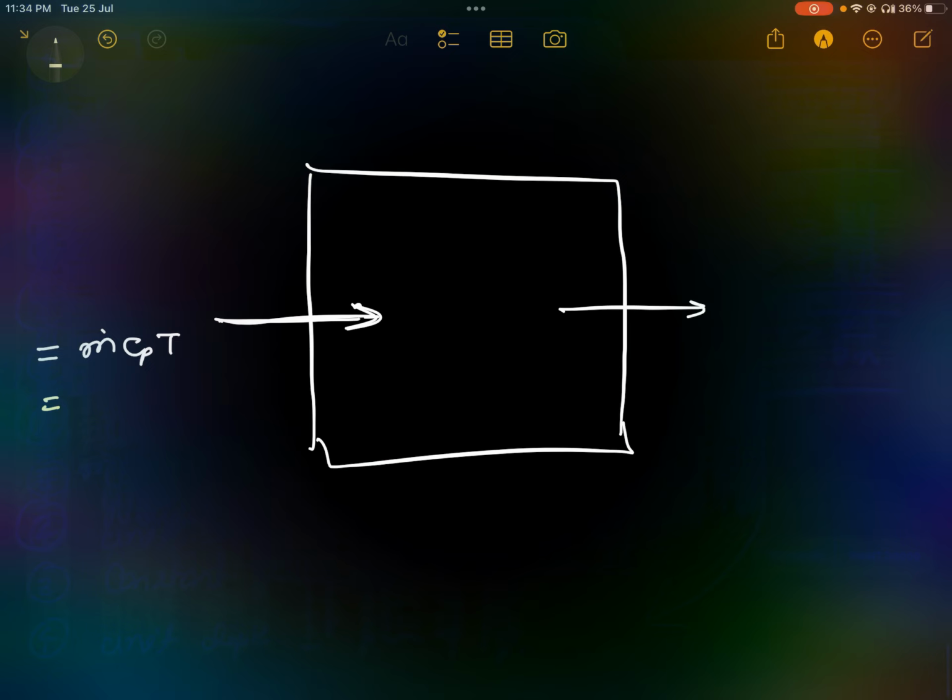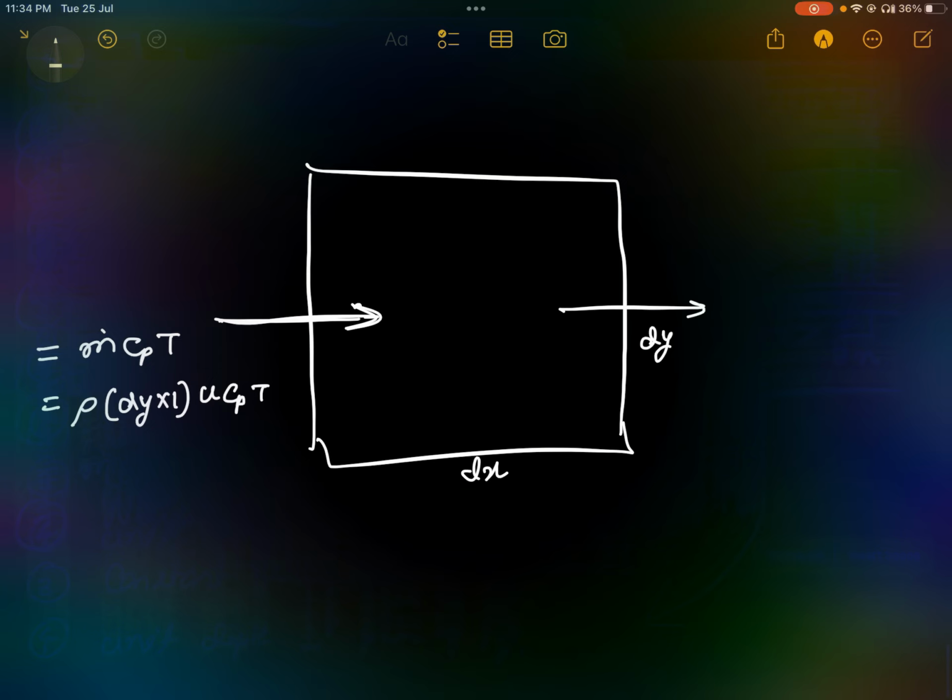Or in other words, in terms of the density, into area dy into 1, because this is dx and this is dy, into u Cp T.